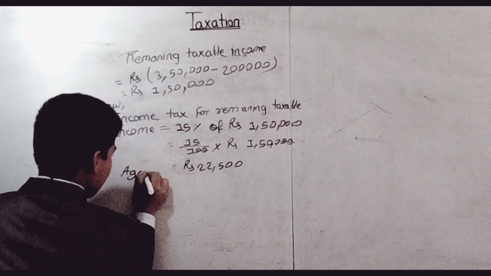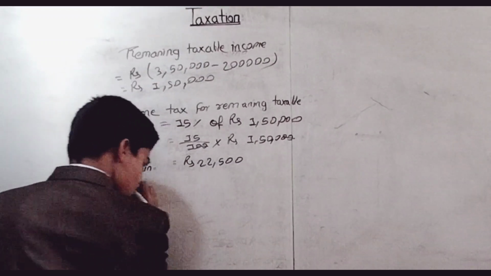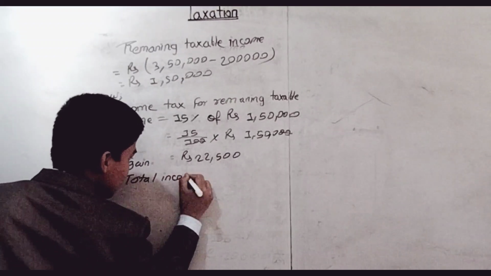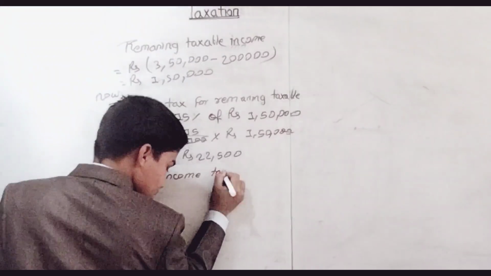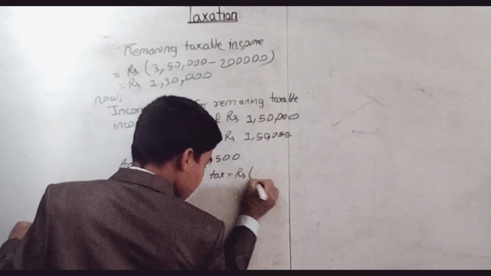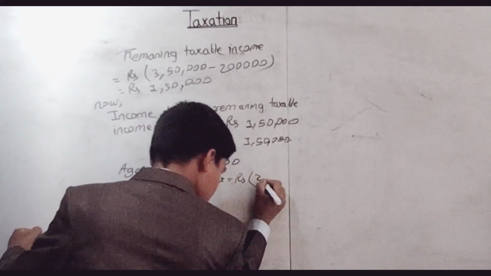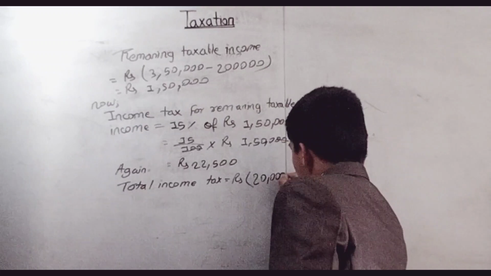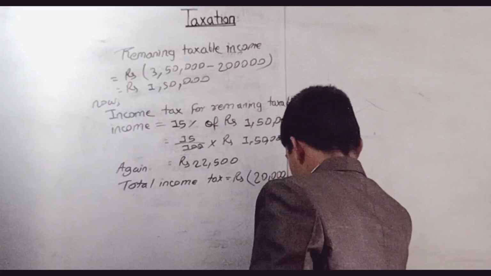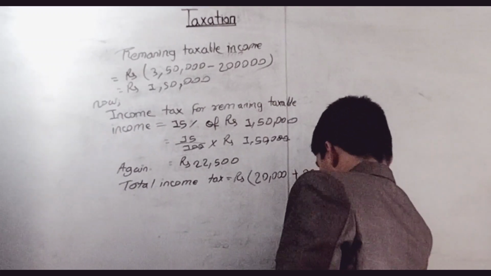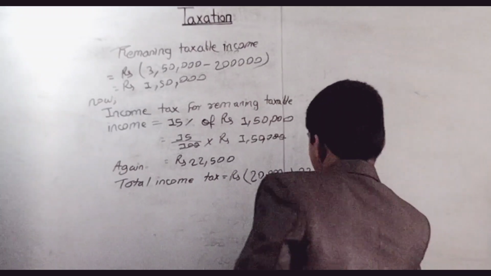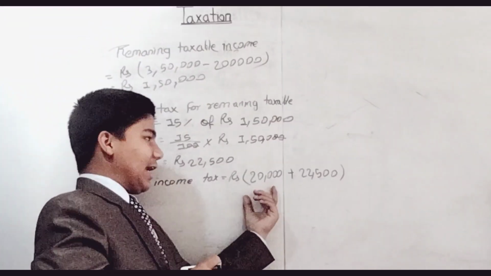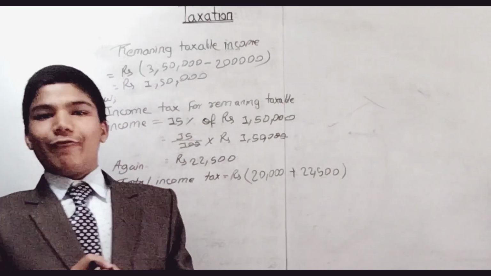So again, total income tax is equal to rupees 20,000 plus 22,500. If you have a question, from where did I bring this 20,000 and 22,500?